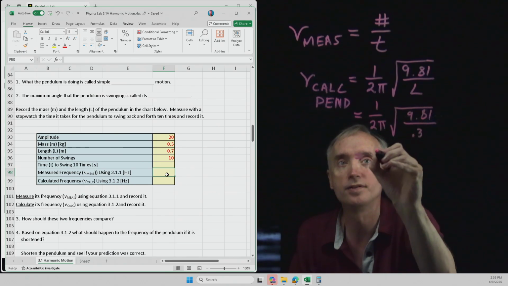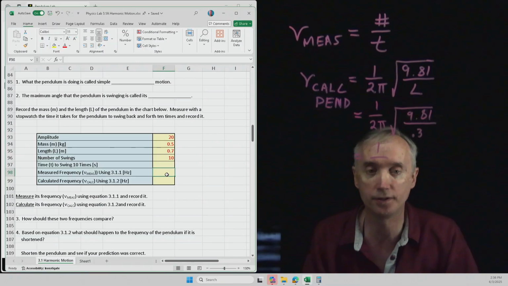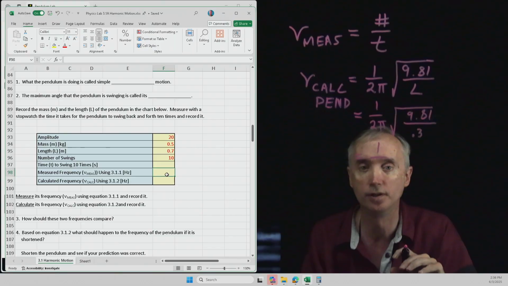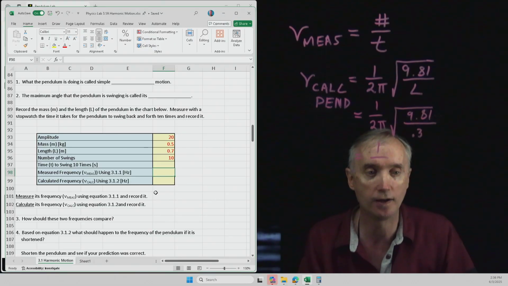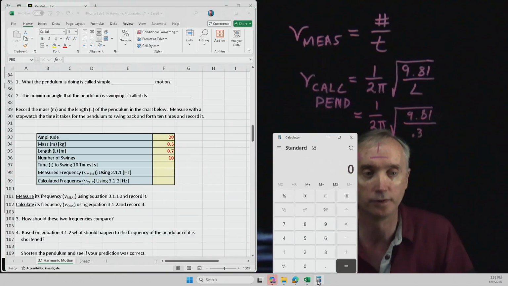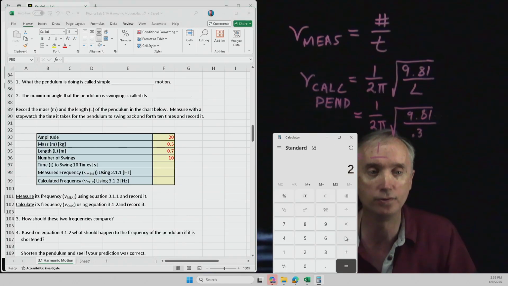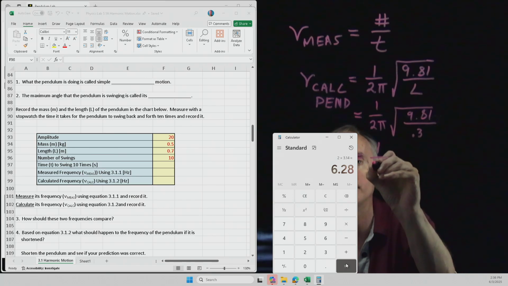Okay, so we're going to take 1 over, now pi is 3.14. So 2 times 3.14, so if we get out a calculator here, or you get out your calculator, you're going to take 2 times 3.14, okay, 6.28.